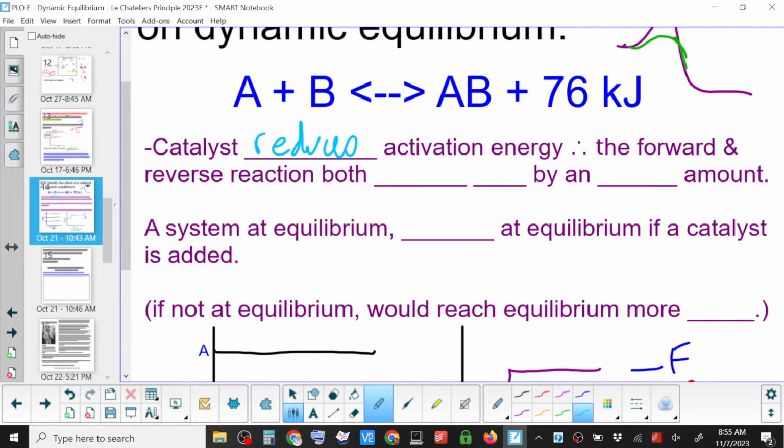The forward and reverse reaction rates both increase by an equal amount.